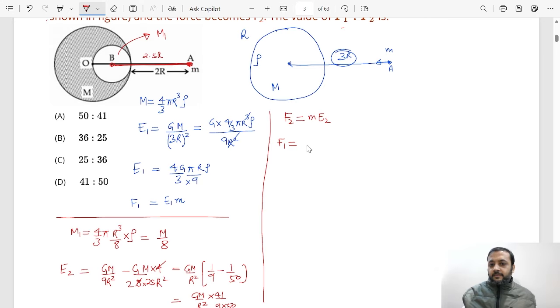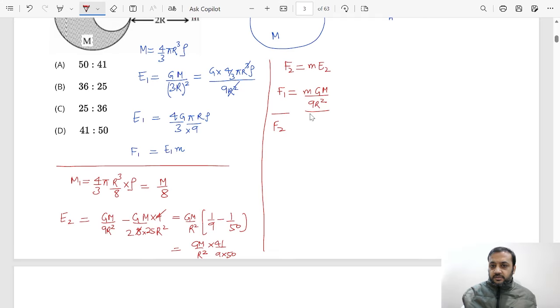F1 was m into E1. Instead, I will use this expression only, it will keep the calculations easy. We don't need to put the pi and rho expression, so just use this expression. So m into E1, where E1 is G into M by 9r squared, this is F1, divided by F2, which will be G into M into 41 upon 9 into 50 into r squared.